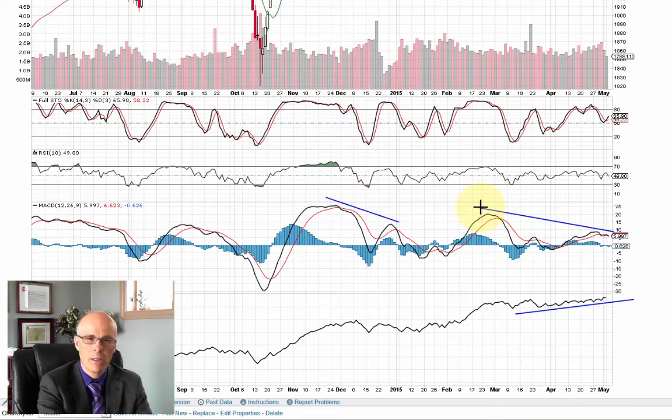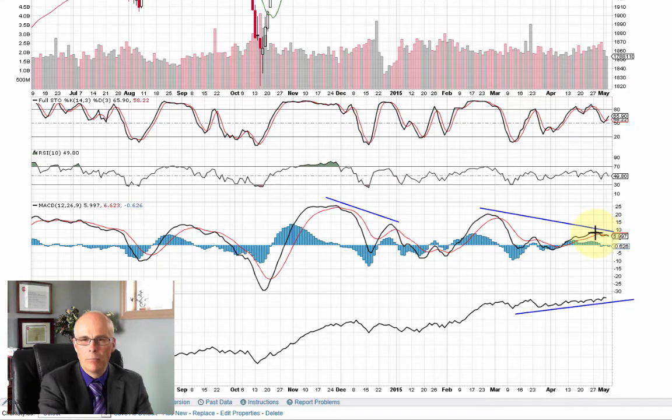And divergence means if the indicator is moving in the opposite direction to the market, it can give us clues that things are slowing down, despite the fact that on the chart it looks like things are progressing nicely. So MACD is diverging. As you can see, the high back in February was higher than the recent high on MACD.